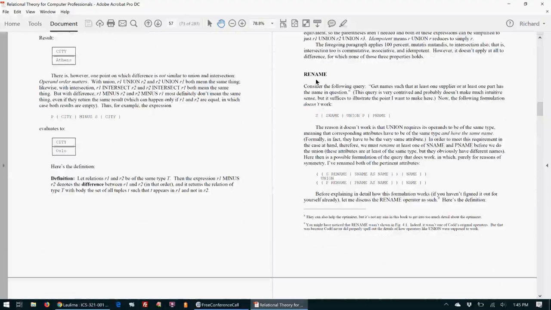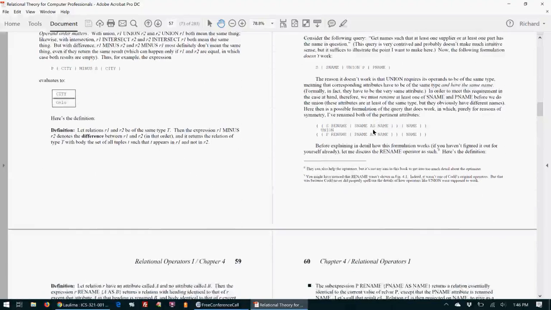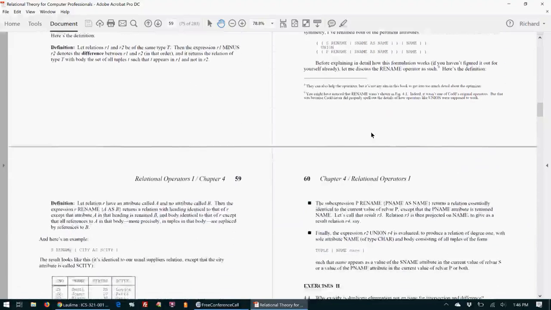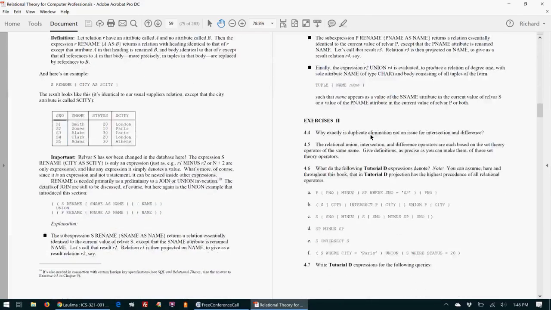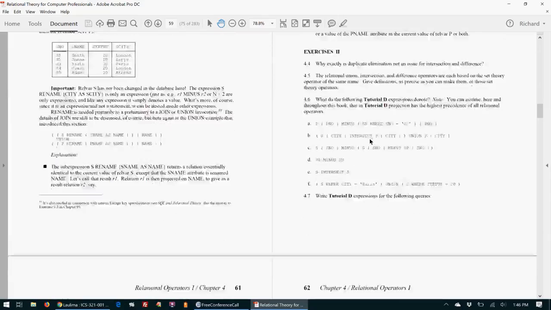And we introduce rename because it's appropriate, because we want to treat certain attributes as though they're the same as other attributes. And this is the end of section 2.